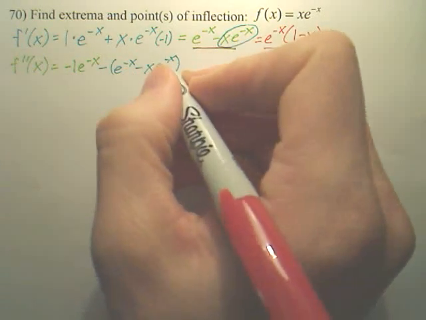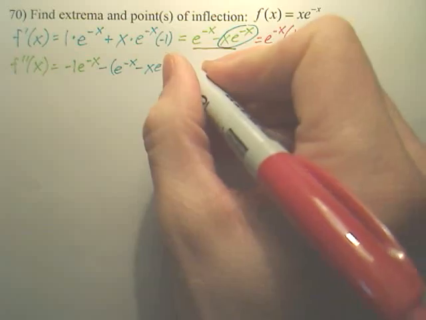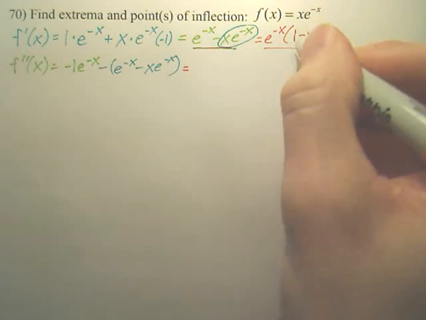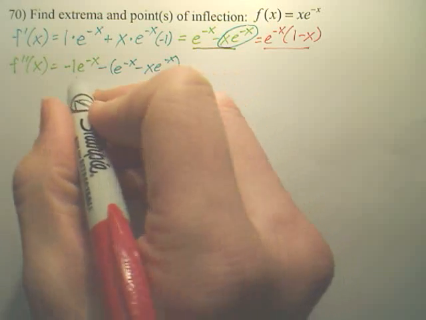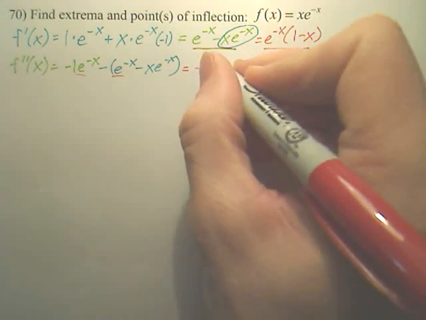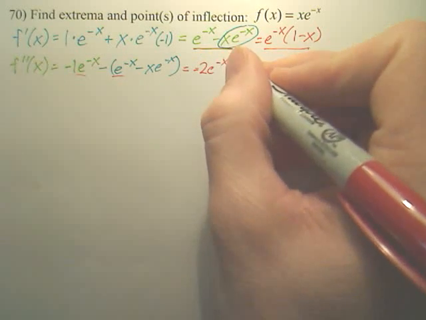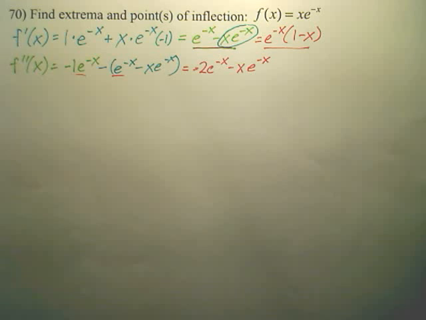And so that is your second derivative, but from here you want to simplify it down so that you can then find your points of inflections. But let's see. These two can combine. Does that look like negative 2 e to the negative x minus x e to the negative x? Does that look right? Oh, not minus.